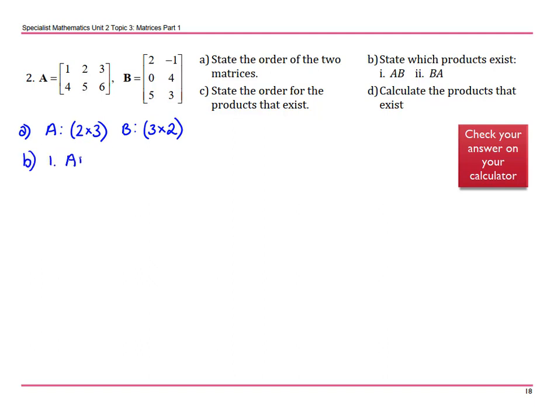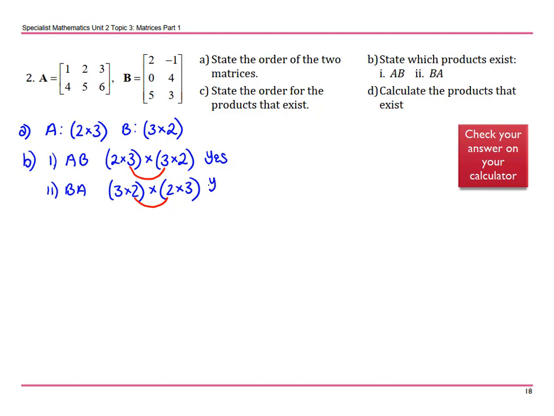If I went AB, that'd be a 2 by 3 times a 3 by 2. These numbers are matching, so yes. Then BA, so that'll be a 3 by 2 times a 2 by 3. The two middle numbers match, so yes.